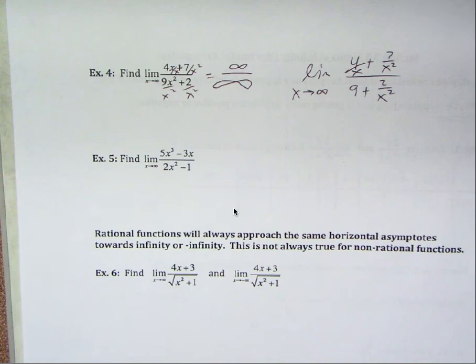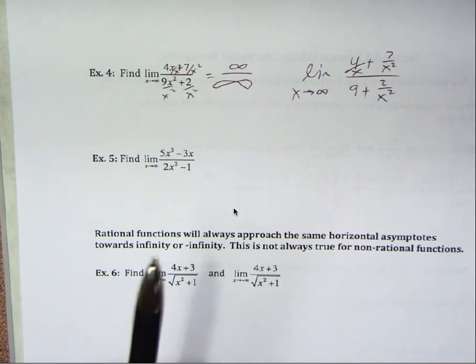Anybody know why we try to get rid of the highest degree variable in the denominator? Why does it work out? Now both the top and bottom are the same term, like, they're both x squared.